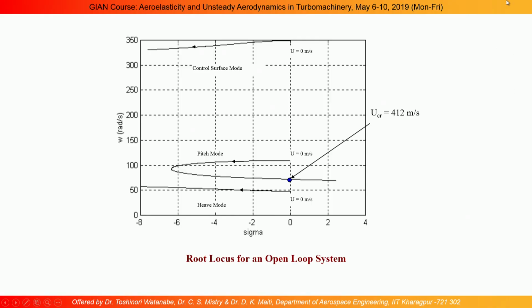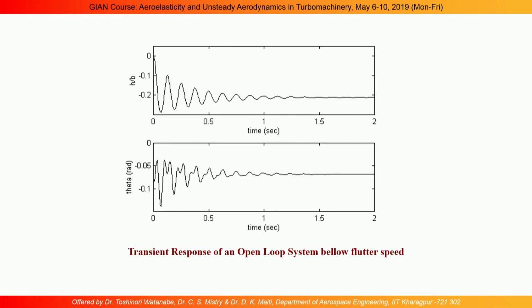Now, if I take the response just below the flutter point, I will get a response like this. The response will be dying down, or stabilizing to some amplitude. Similarly for the other one. How am I taking the response?